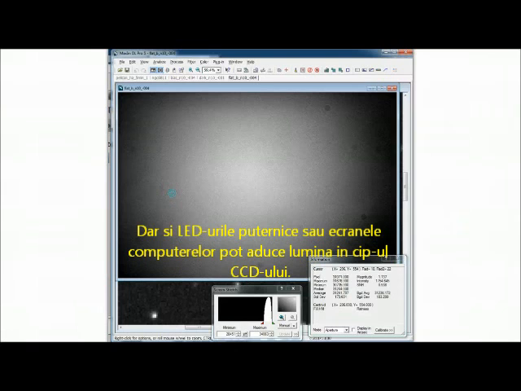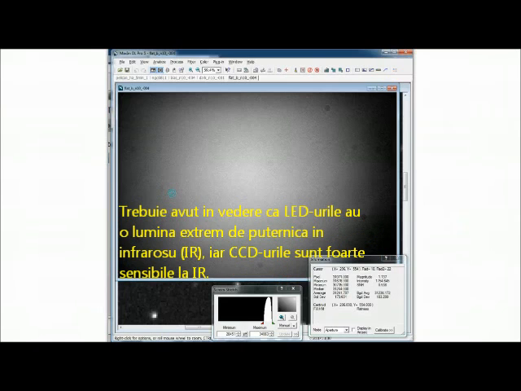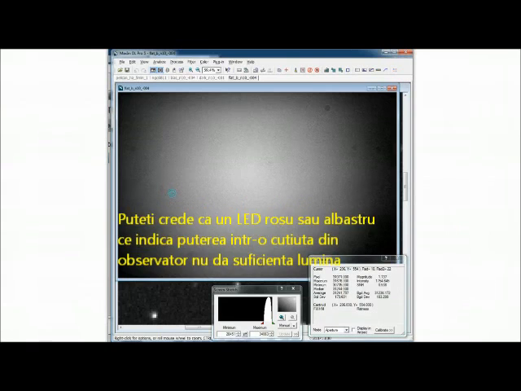But also bright LEDs or PC screens can get light into your CCD chip. It should be noted that LEDs in particular are almost always extremely bright in the infrared. And guess what? CCDs are also very sensitive to infrared light. So you may think a red or blue LED for the power on some little box inside the observatory is not giving off a whole lot of light.